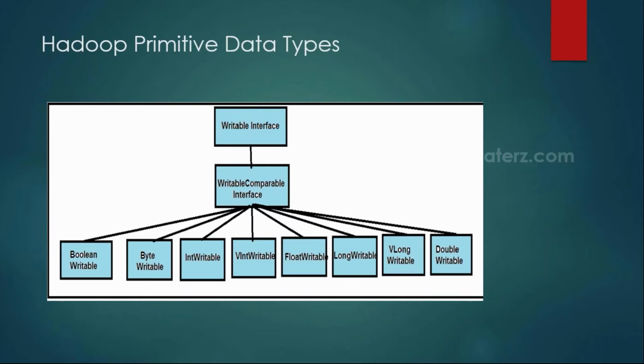If you see this, for the Hadoop primitive data types, we have the Writable interface and also the WritableComparable interface. And we can see all the data types like BooleanWritable, ByteWritable, IntWritable, Text, VIntWritable, VLongWritable, DoubleWritable. The difference between LongWritable and VLongWritable is that the byte size differs. Apart from that, they both work similarly.